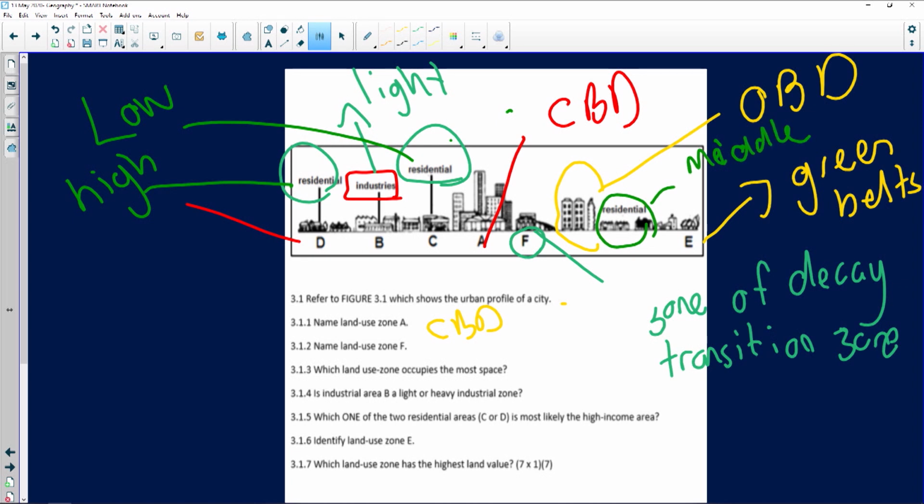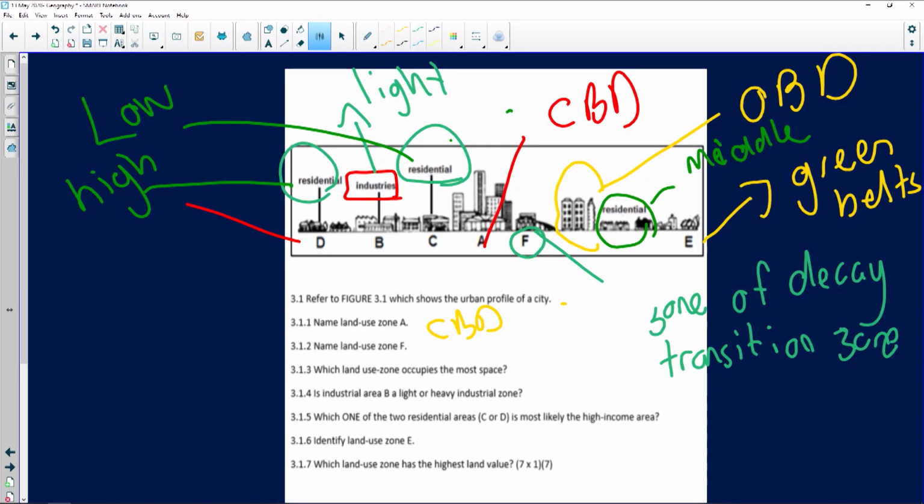So question 3.1.3, which land use zone occupies the most space? Definitely our residential areas, because our urban areas focus on secondary and tertiary activities, with many job opportunities available. Question 3.1.5, which one of the two residential areas, C and D, is most likely to be the high-income residential area? We already answered this question.